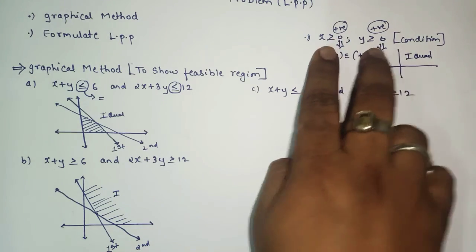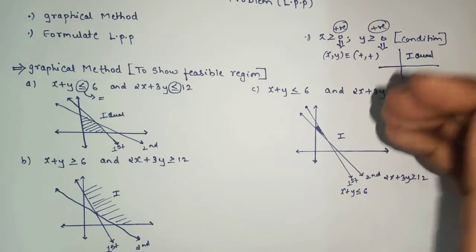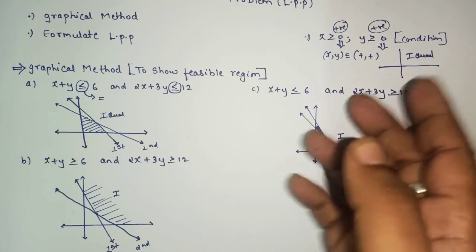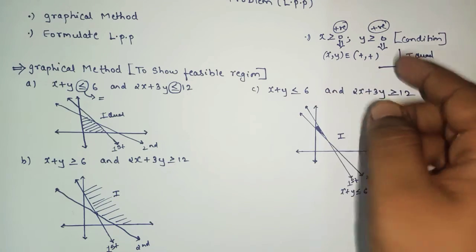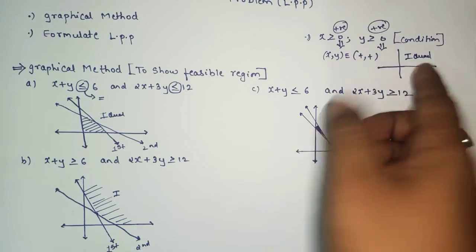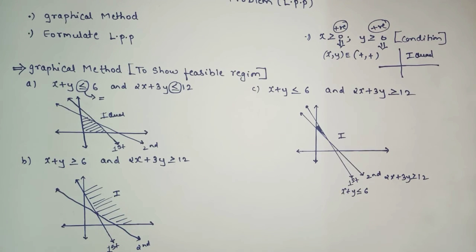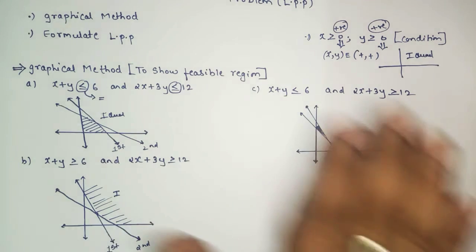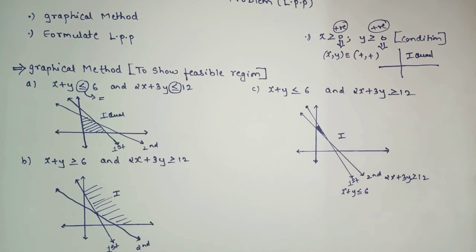In case the condition is not given, it depends on the question. If you are getting negative values, then we have to consider the second, third, and fourth quadrants. But it's my survey that the majority of the sums are based on the first quadrant only. So this was the basic concept of the graphical method.